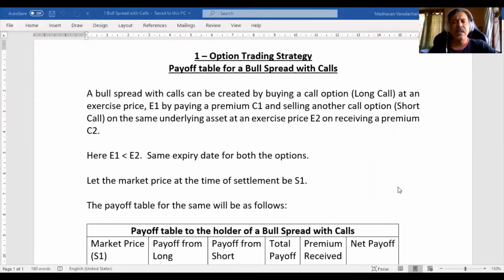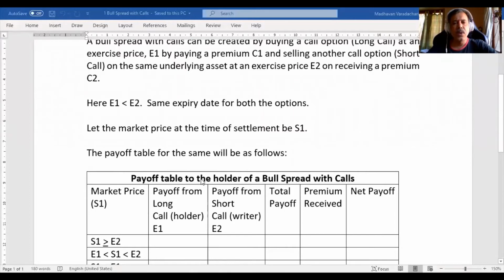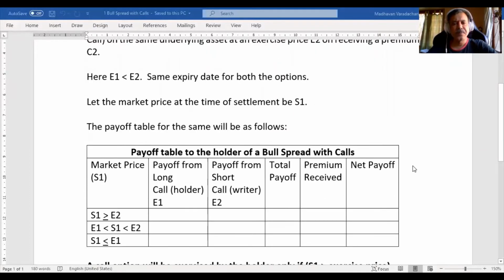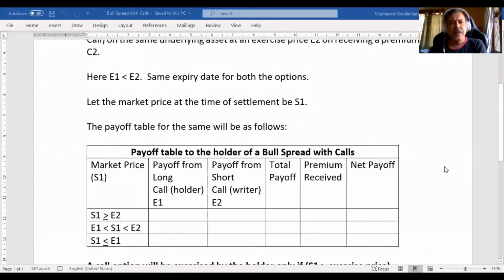For all these three different possibilities, we are going to find out what will be the net payoff we are going to earn, right? So here it is the payoff table to the holder of a bull spread with calls. Long call means you actually purchased a call. That means there is an outflow of premium from my side.